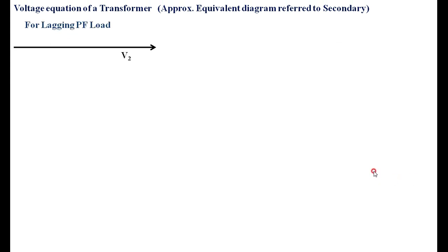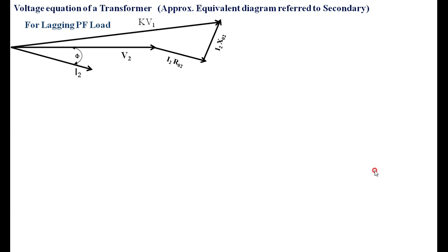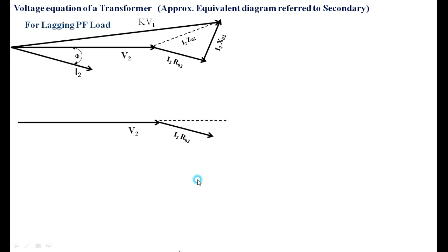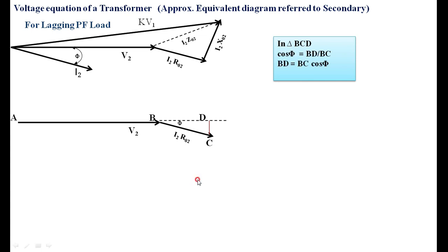Once again, to derive the equation, the same procedure you have to follow. Here V2 is a reference, and I2 R02, I2 X02 and K times V1, that is I2 Z02. Then once again I am resolving I2 R02 into two components, X and Y components, and finding DC and BD as we did earlier for referring to the primary side.